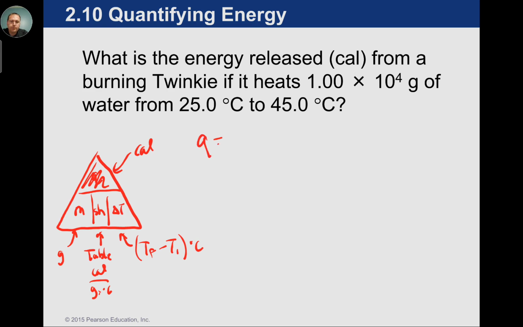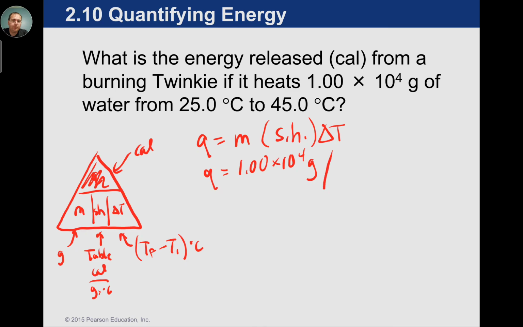So Q equals the mass of the water times the specific heat of the water times the change in temperature of the water, all caused by the incinerated Twinkie. So Q equals the mass of 1.00 times 10 to the 4th grams of water. That's the surrounding water around the bomb where the Twinkie was incinerated.